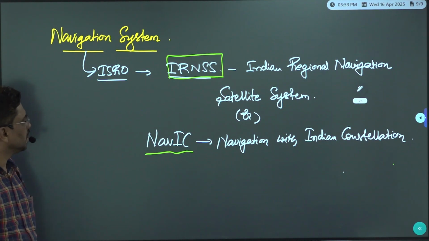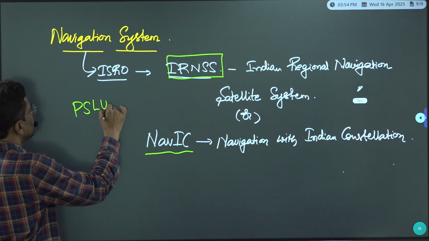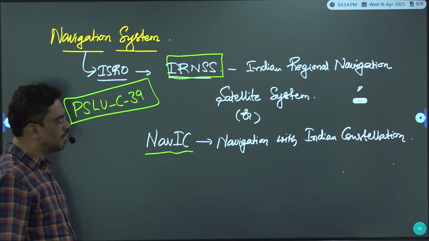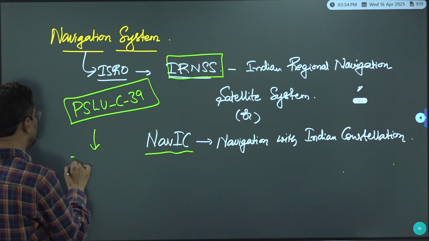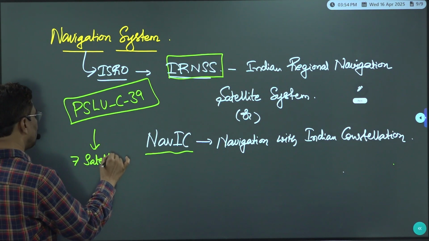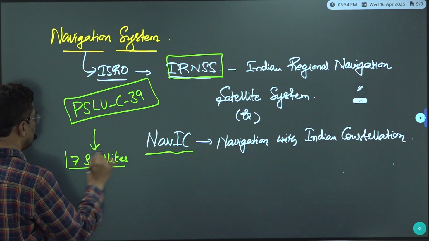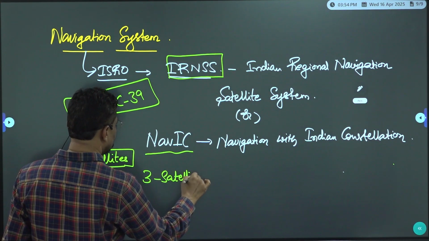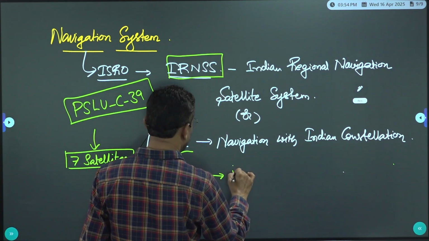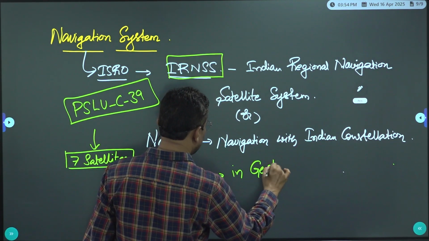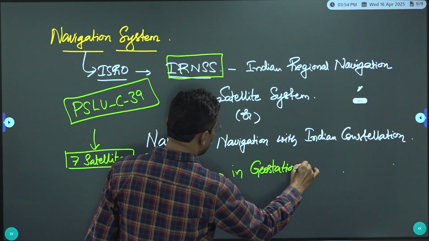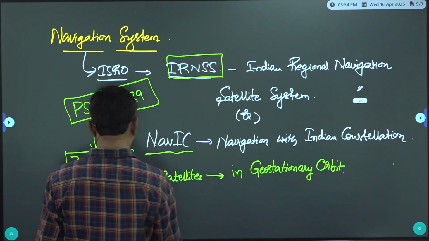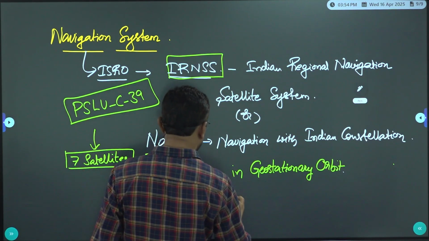Here, PSLV C-39 rocket was used to launch the satellites in this NAVIC system. Till now, 7 satellites have been launched. In that, 3 satellites are in geostationary orbit, whereas 4 satellites are in geosynchronous orbit.